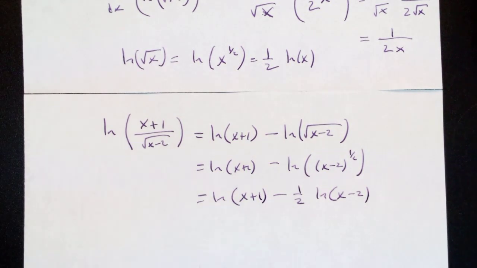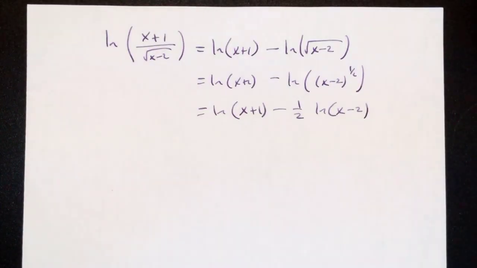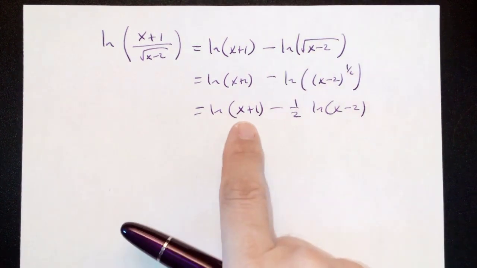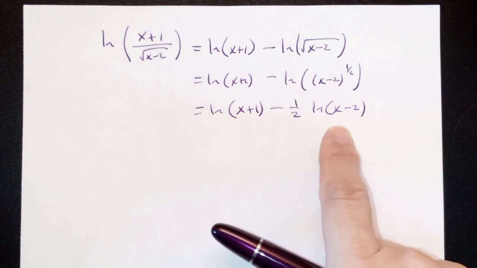Now, there's still some chain rule involved, because it's not ln of x, it's ln of stuff. But in this case, the stuff has really nice derivatives. What's the derivative of x plus 1? What's the derivative of x minus 2? That makes my life a lot easier, doesn't it?